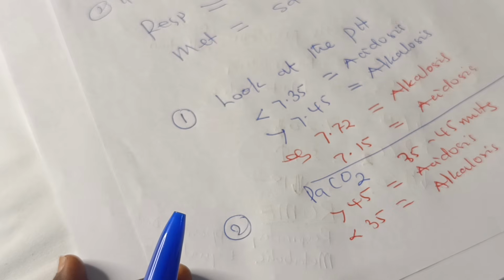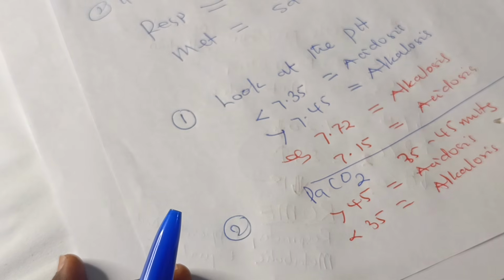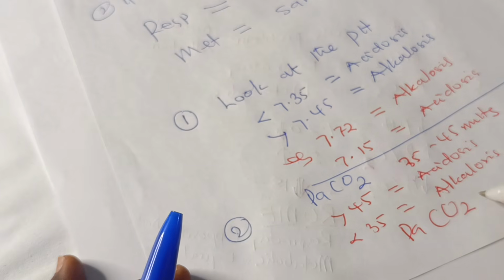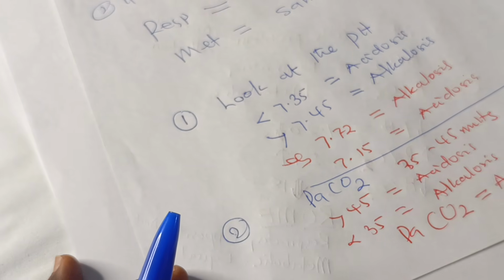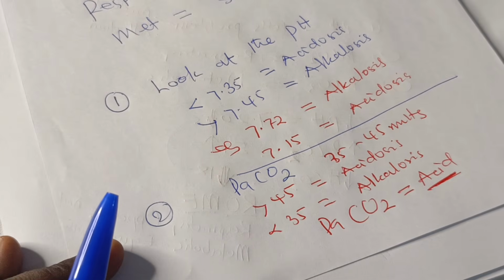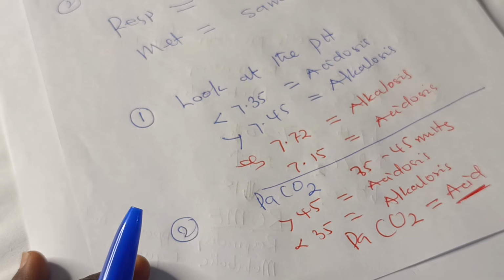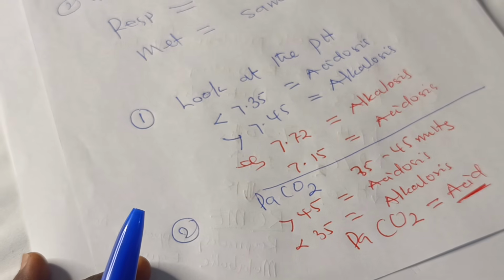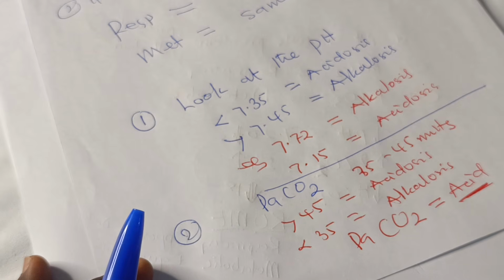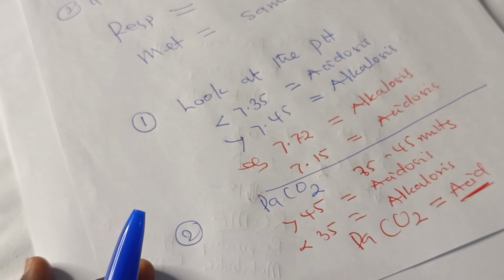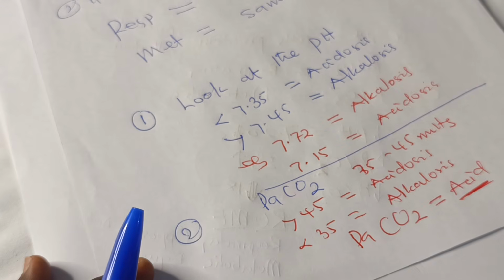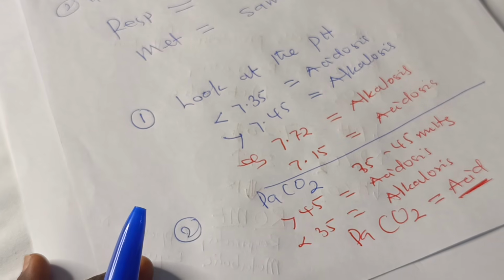So we said that the CO2 is an acid. Therefore, if you have more, you have acidosis. Too much CO2 causes acidosis, and too little causes alkalosis. Just put that in your mind.